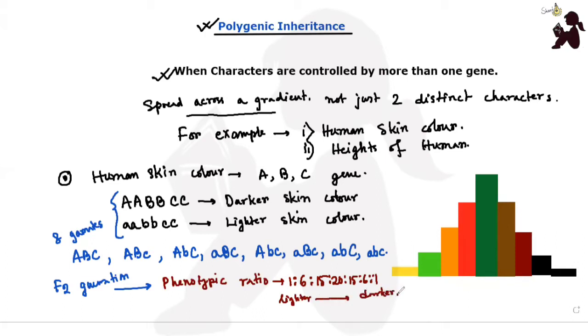Here in this image we can see this is the 1, then 6, here the 15, then this is the 20, then again the 15, then the 6 and 1. So here the combinations occur in a gradient from the lighter to the darker. So this was all about the polygenic inheritance.